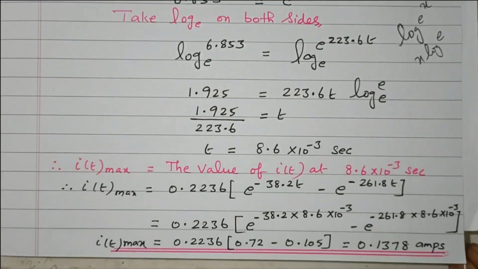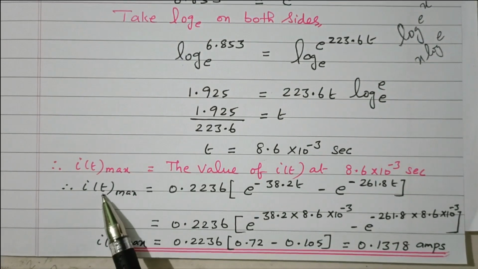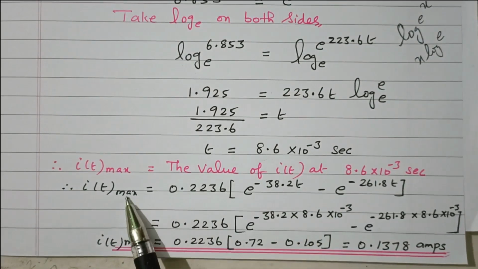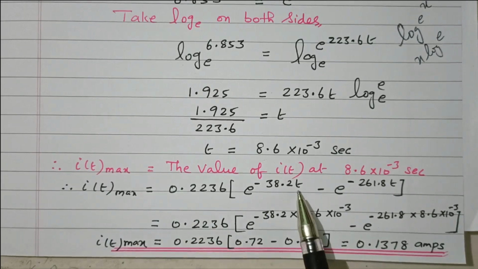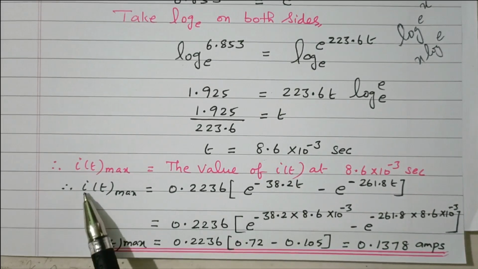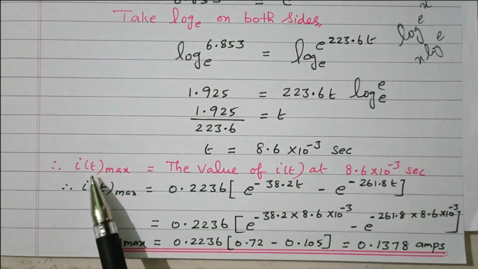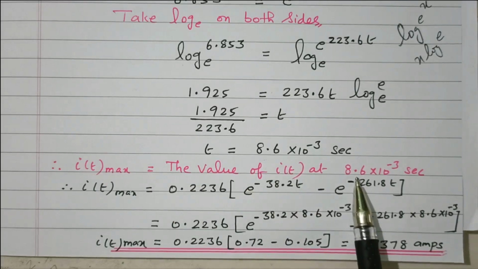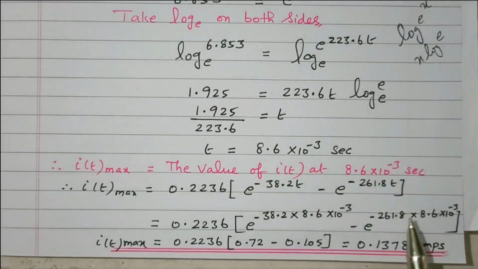So based on that, we can write i(t) max. Yes, this is the i(t). In that i(t) max, you have to substitute the t as 8.6 into 10 to the power minus 3. i(t) max equal to the value of i(t) at 8.6 into 10 to the power minus 3 seconds.